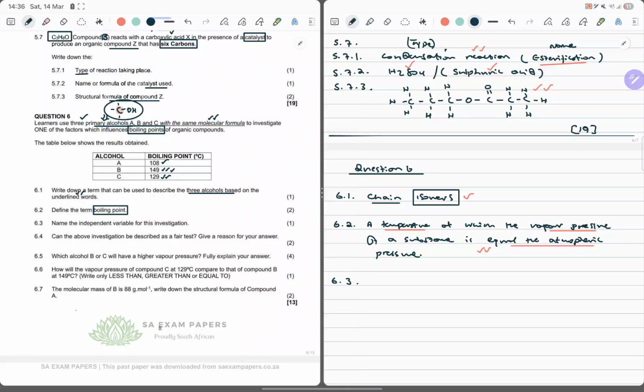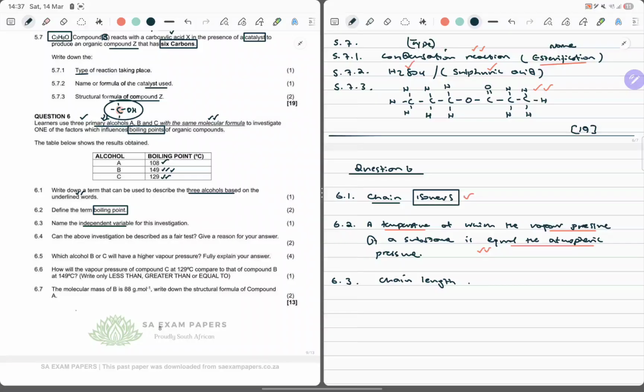Now name the independent variable. Remember, the one that changes. What are we changing? It's the chain length. That's the independent variable, because as you could see, I said these are chain isomers because we have not changed the position of this thing.